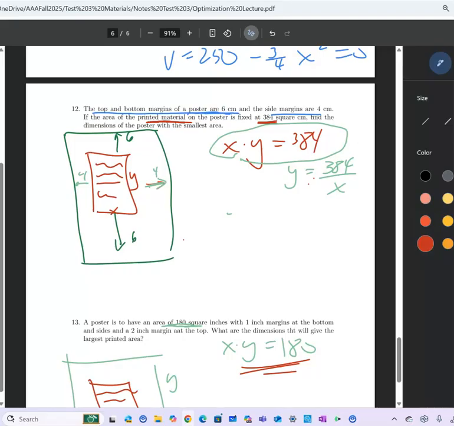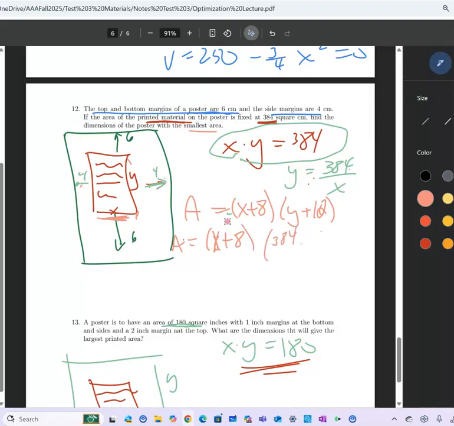Okay, so if I go back to this one, the smallest area, so if this distance is x, this whole distance will be x plus 8, correct? And if this distance is y, this whole distance will be y plus 12. Then I substitute x plus 8, and then 384 over x plus 12.